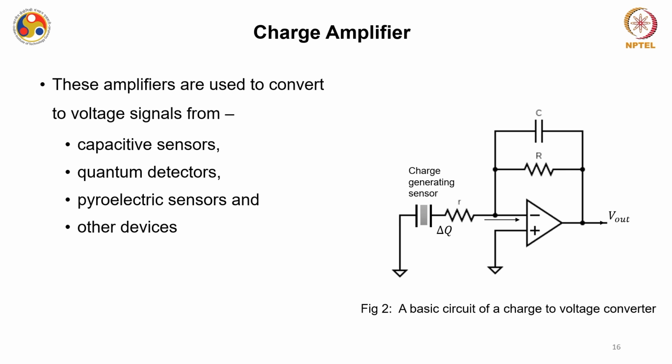As I was mentioning, these amplifiers are basically used to convert this quantized charge to voltage, because the next stage, say a microcontroller or a DAQ card, requires input in the form of voltage. So these amplifiers are used to convert charge signals to voltage signals from a number of sensors, including capacitive sensors, pyroelectric sensors, and other devices, including quantum sensors.